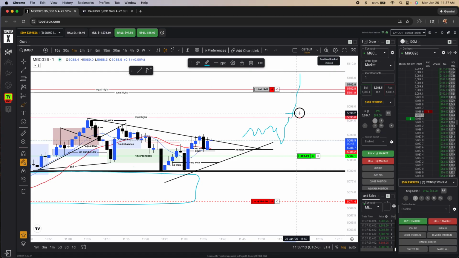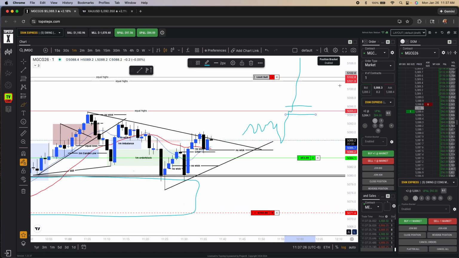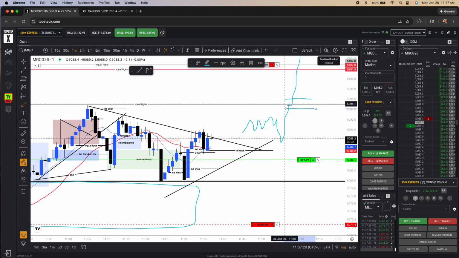This would kind of be a no wick candle or an inducement level because you had a huge push up without any form of manipulation. It's kind of hard to explain completely, but basically it's just free orders for the market to take in this area. So it's the same thing with this.